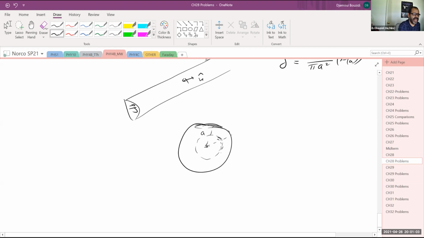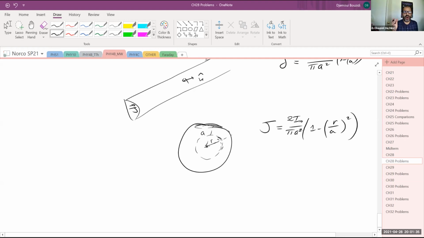So in this case, J has this symmetrical property. k hat is coming out of the screen. Okay, k hat is coming out of the screen. And r is the distance from the center of the cylinder up to some point. At that point, J in magnitude will be equal to this expression that they gave us, 2I naught over pi a squared times open parentheses 1 minus open parentheses r over a squared, and that is basically the magnitude of the current density.